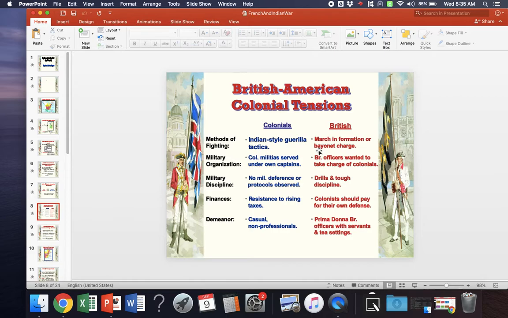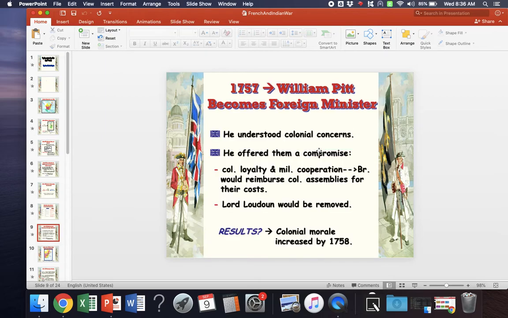And their demeanor, casual, non-professional, and the demeanor of the British, prima donnas, with the captains being served high tea with china, and it really was a different world between the officers in the British Army and the officers in the colonial militia. So this slide is really important about setting up that identity.